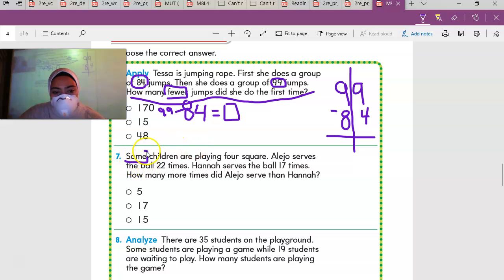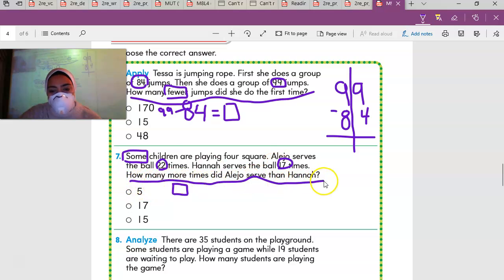Some means what? Empty box. Some children are playing foursquare. Alijo serves the ball 22 times. Hannah serves the ball 17 times. How many more times did Alijo serve than Hannah?